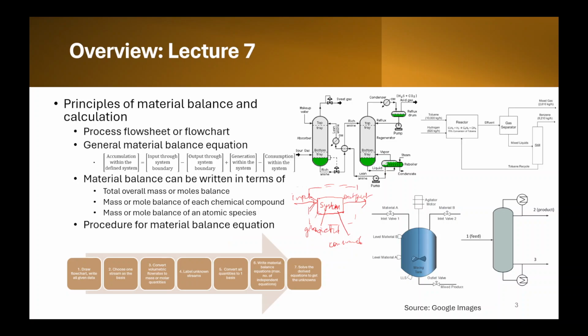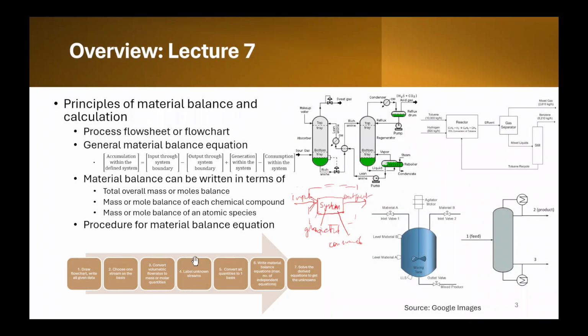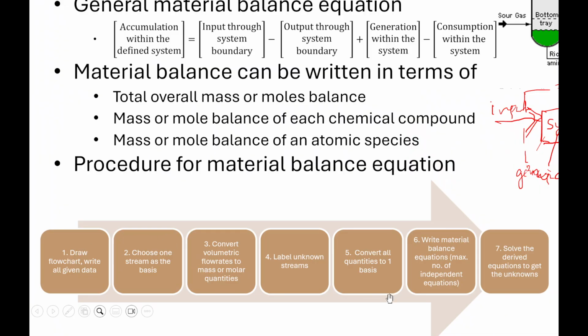Then the procedure for material balance equation was discussed. These are the steps that you have to follow. Firstly, you are given some problem. Draw the flow chart and write all the given data. Then choose one stream as the basis. It can be inlet or outlet based on what is given, what are the known values that are given to you.